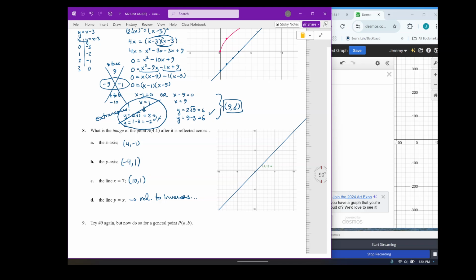And another way to find an inverse is just to switch the x's and y's, right? So if 4, 1 is the original, then when you reflect it across that line, it just turns into 1, 4. So, and if we plot it, you can kind of see it over here, 1, 4. So if I go straight over to that line and just keep going by the same amount, that's where you end up. Okay.